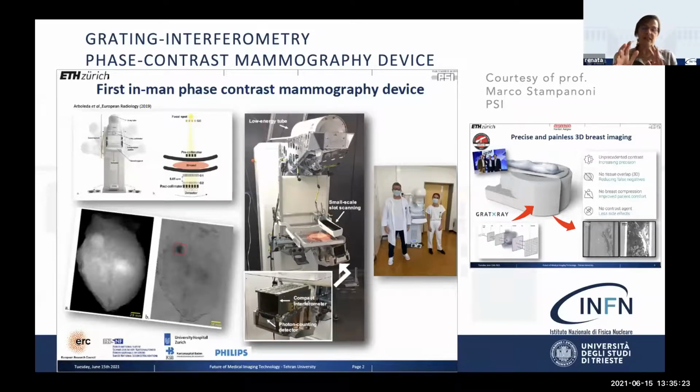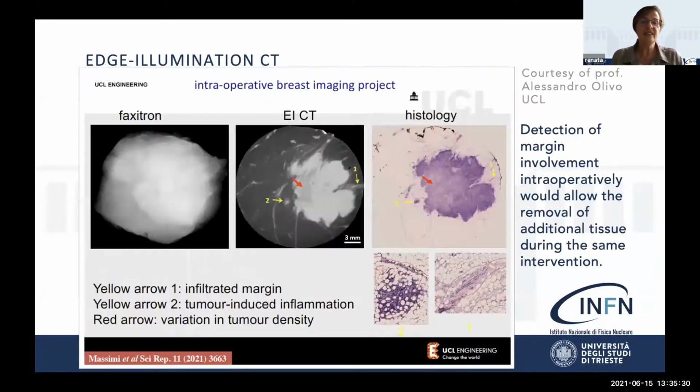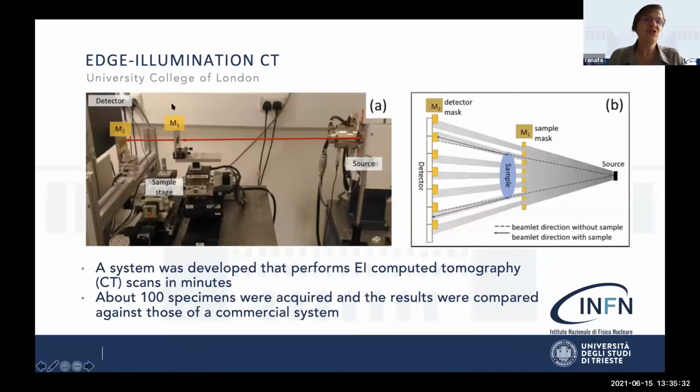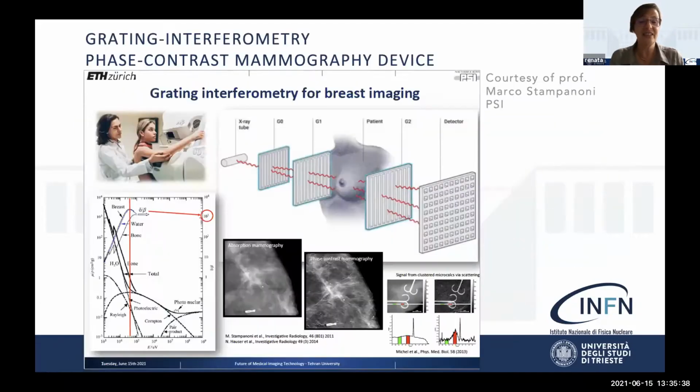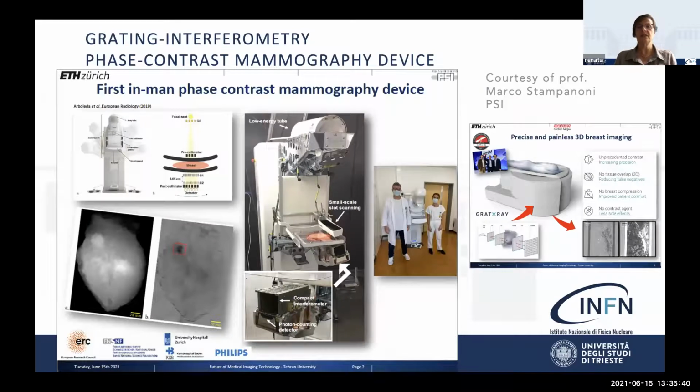This very finely aligned system has to rotate around the patient, while in edge illumination CT it is the sample that rotates and not the grating system. But this is another interesting research that is close to application.